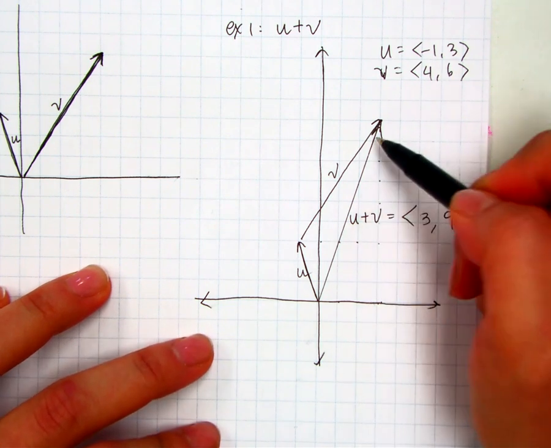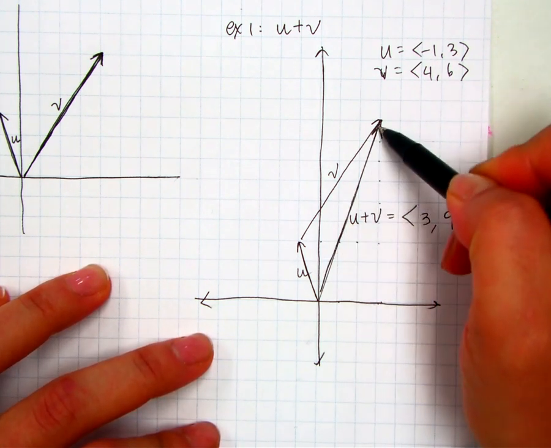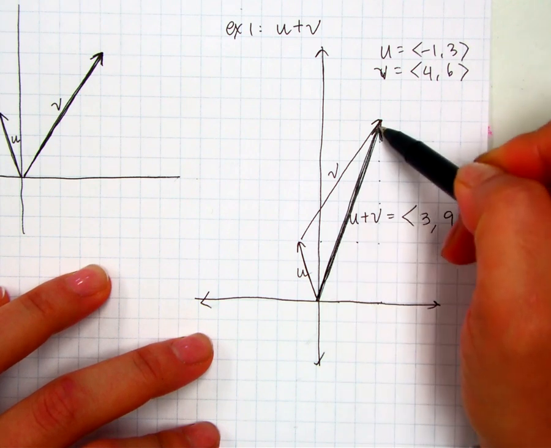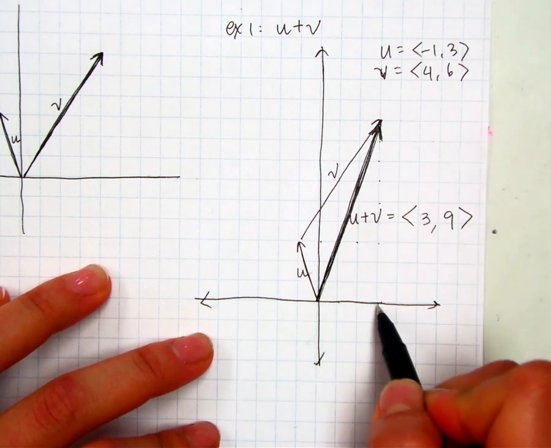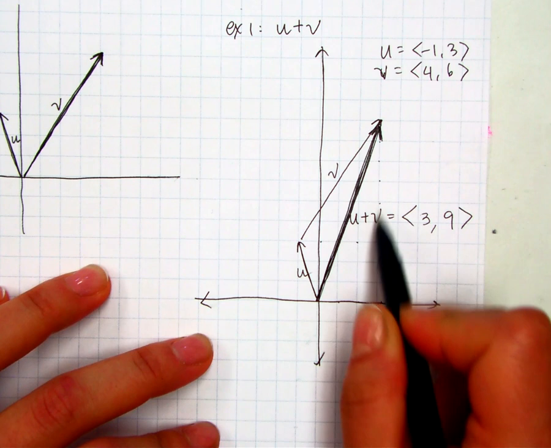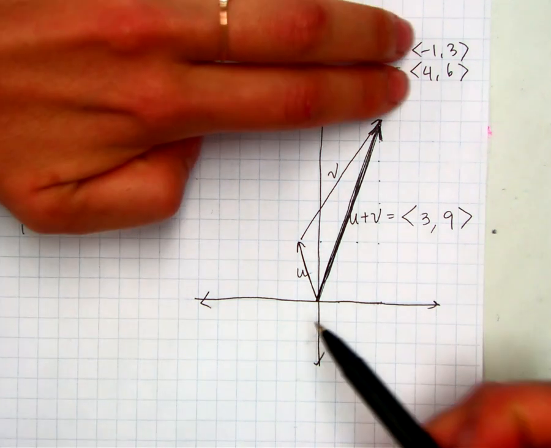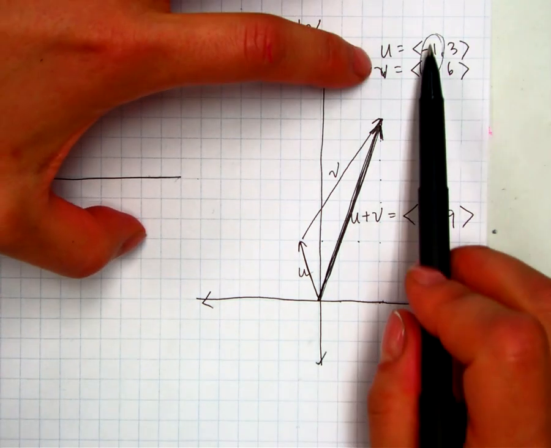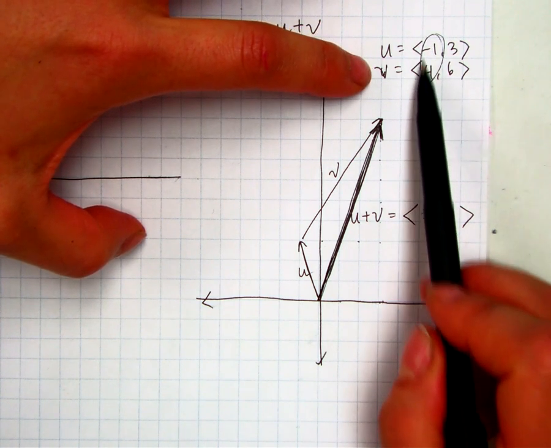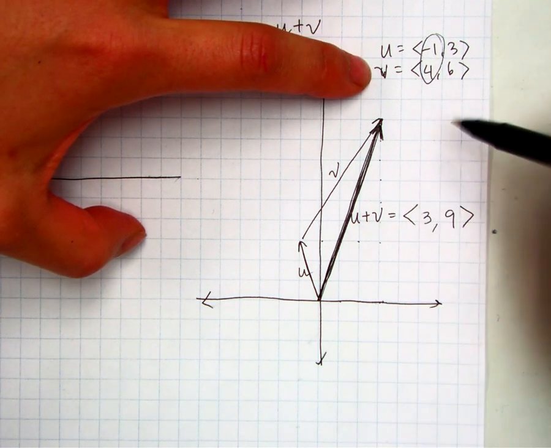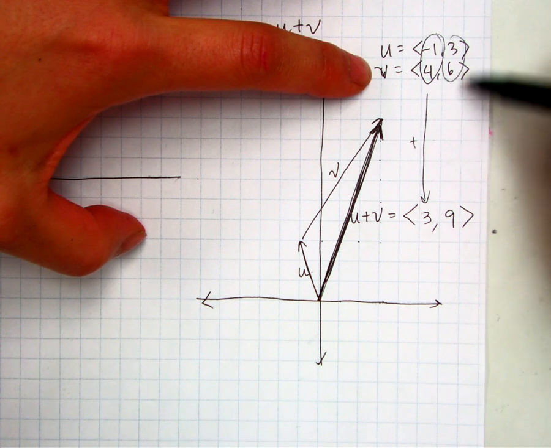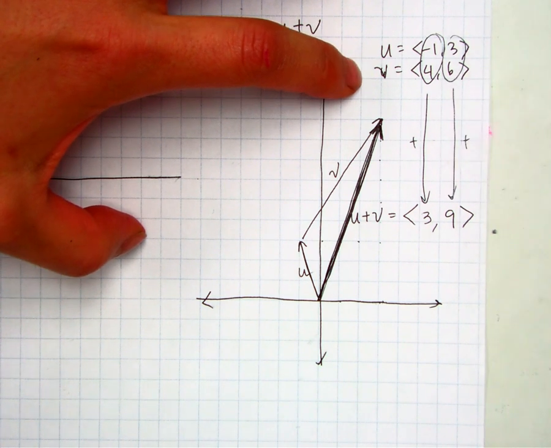Now this vector right here is my new vector of u plus v, which I found to be 3 to the right, and then 9 up. Now how does that relate to these numbers right here? If I basically just added these two x components, negative 1 plus 4, I added it to give me 3. I added these two to give me 9.